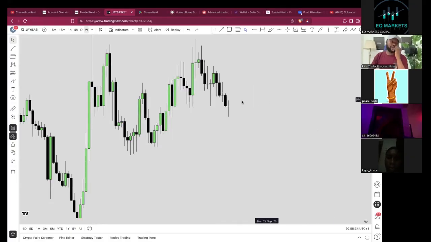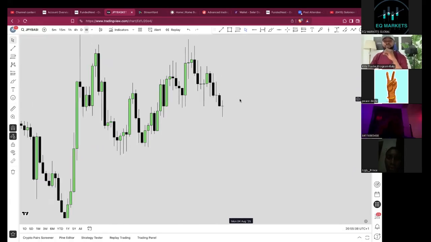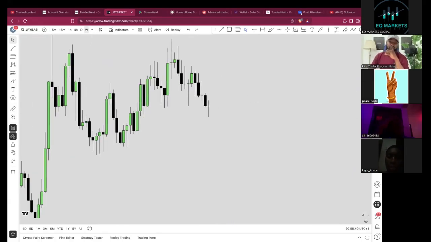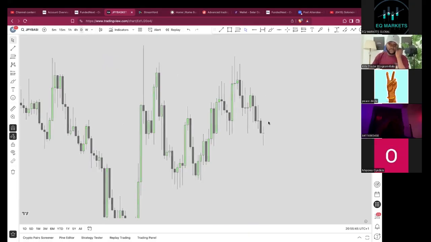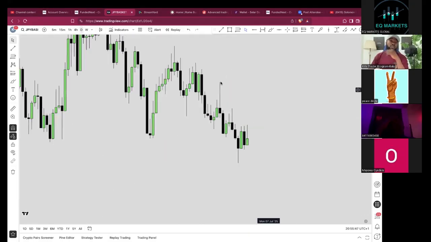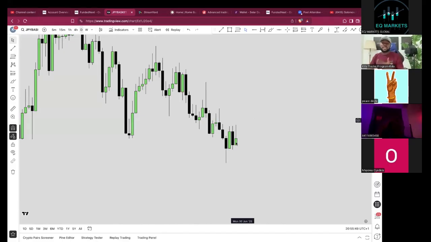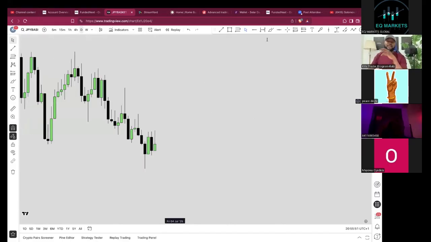If you know where the yen basket is going, then you'll be able to trade in the direction of the yen basket. The yen basket is currently bearish on the weekly, and you can do analysis to know where it is going. So before taking that trade, I saw that the yen basket was bearish. And that means if I am trading GBP JPY, what should I do?